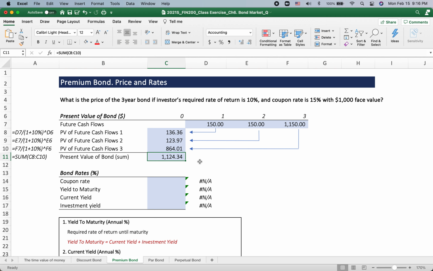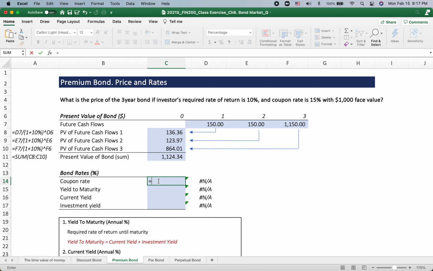You don't receive $1,124 because you received more coupon than your requirement. Okay, so always the standard rate, the market rate, is the required rate of return. And the bond issuers should satisfy these investors with the required rate of return, or the market rate, or the discount rate.